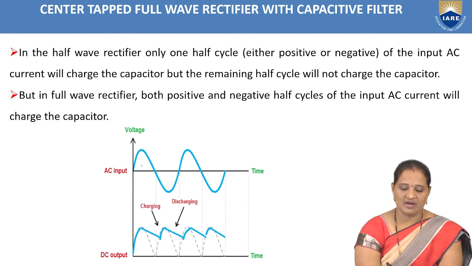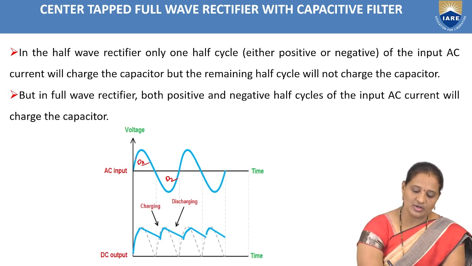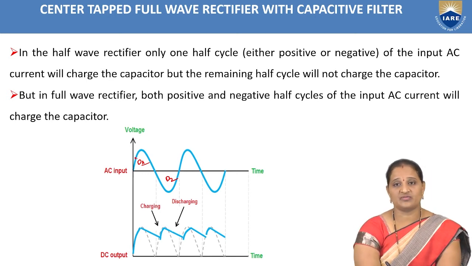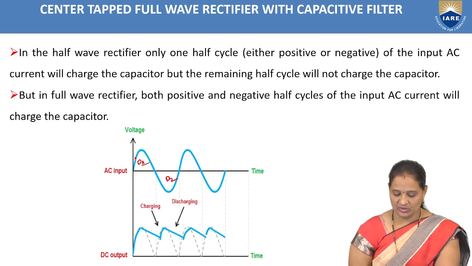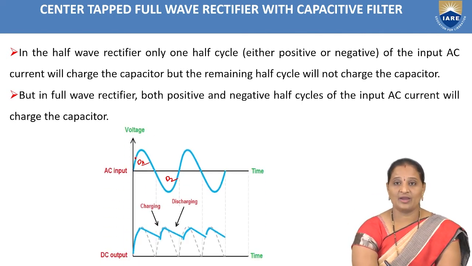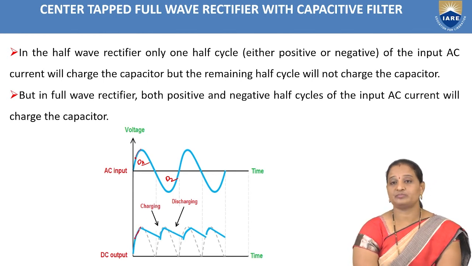During the positive half cycle, diode D1 conducts. During the negative half cycle, diode D2 conducts. When the input voltage equals the cut-in voltage, the diode gets forward biased and the current flows through the diode, and hence the current will be flowing through the capacitor, and the capacitor charges.